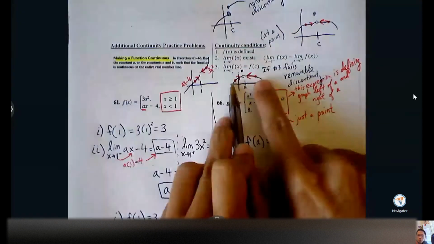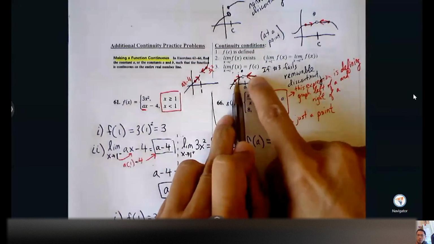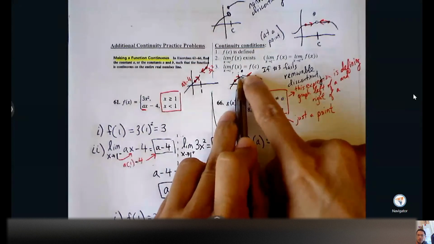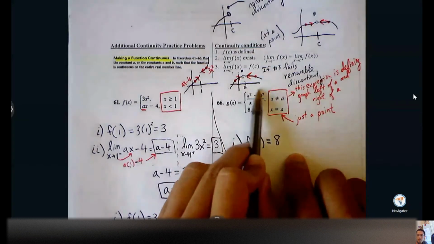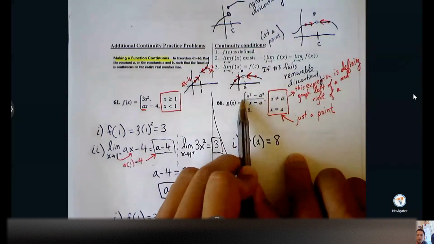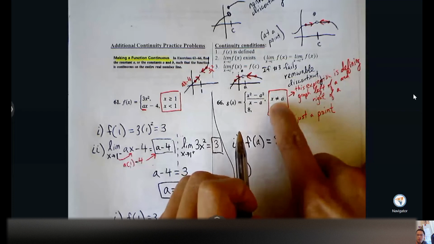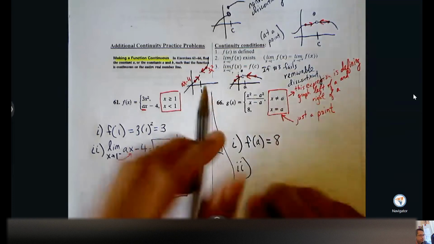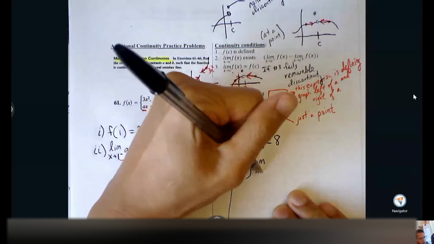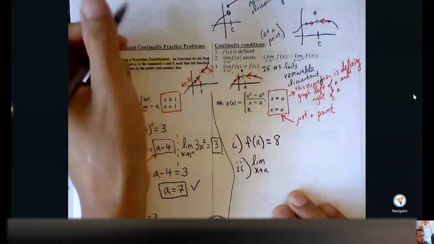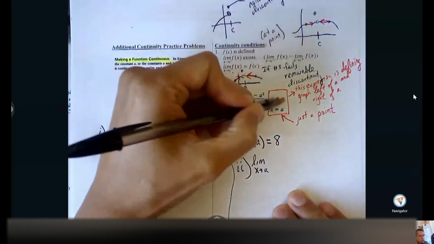So if we're approaching the graph from the left and from the right side, both branches are defined by this expression, and that little notation tells us that. So x approaching a.